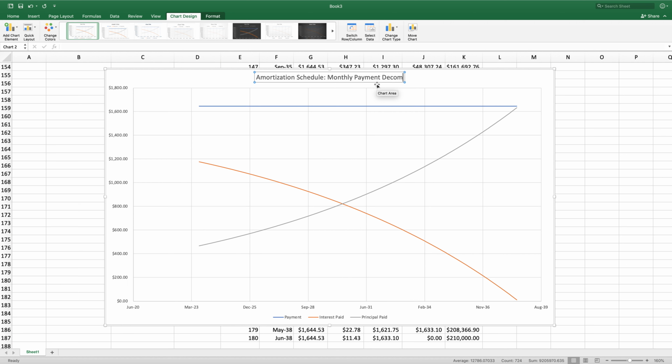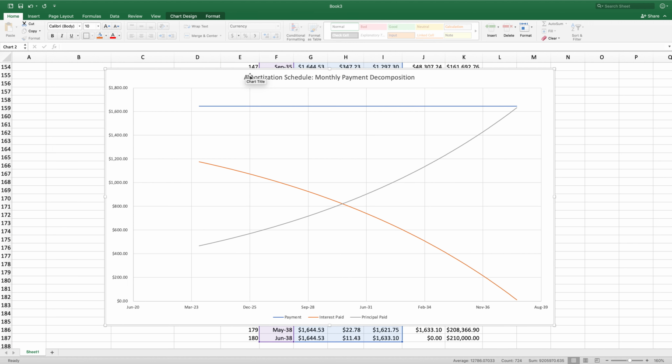Basically, I'm decomposing this monthly payment into an interest component and a principal component. Let's go to home, increase the size of that a little bit, and maybe make it bold.